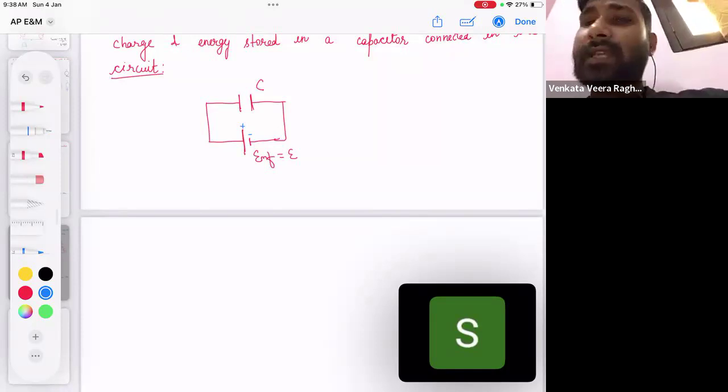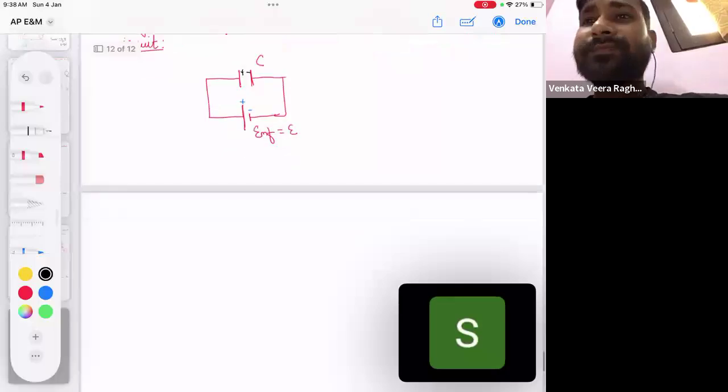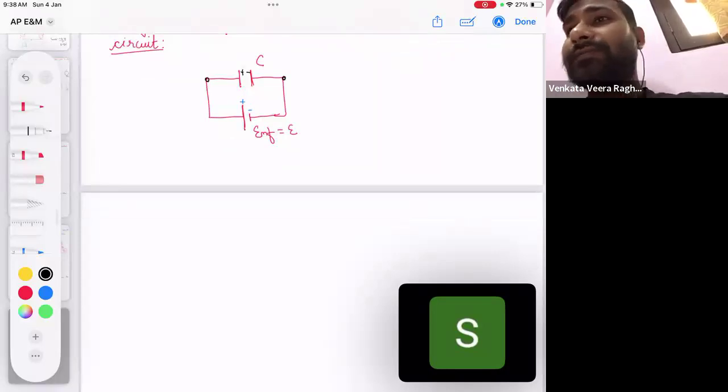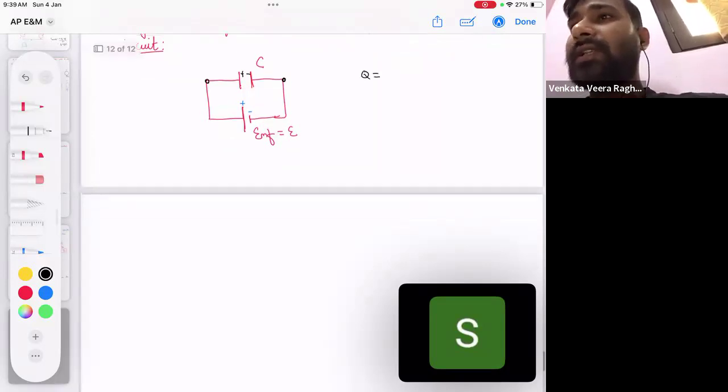So the capacitor plate which is connected to the positive terminal will get positively charged, and the one connected to the negative terminal will get negatively charged. Please tell me, what is the potential difference applied across the capacitor? The potential difference applied across the capacitor is E. So what is the charge accumulated on the capacitor?